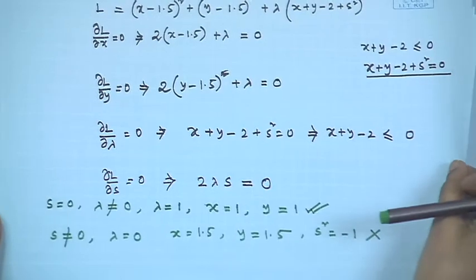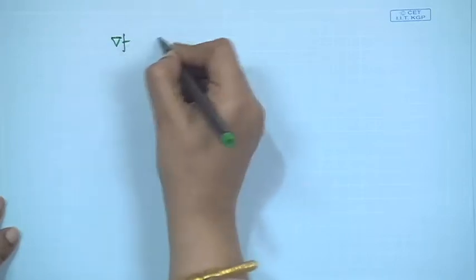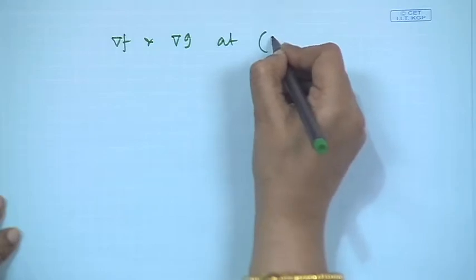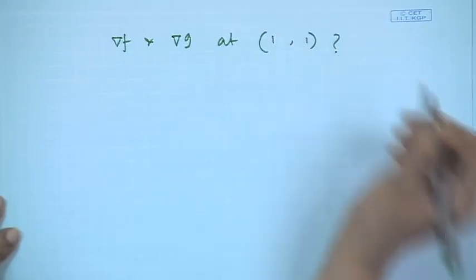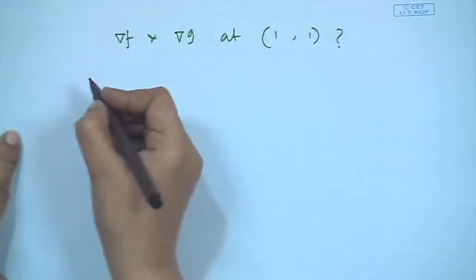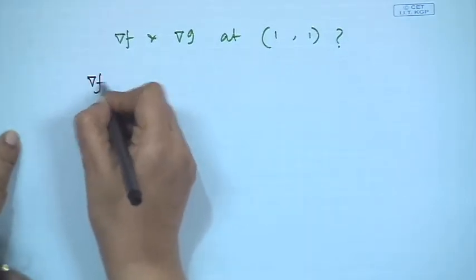What is our question? Our question is to find out grad f and grad g at the optimal point, that is 1, 1. This is our question. Okay. Let us try to calculate the value for this. What is my grad f?